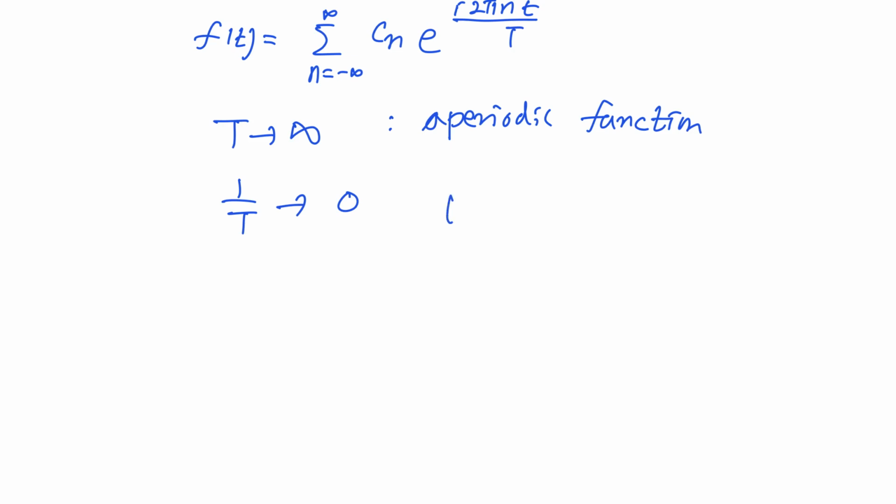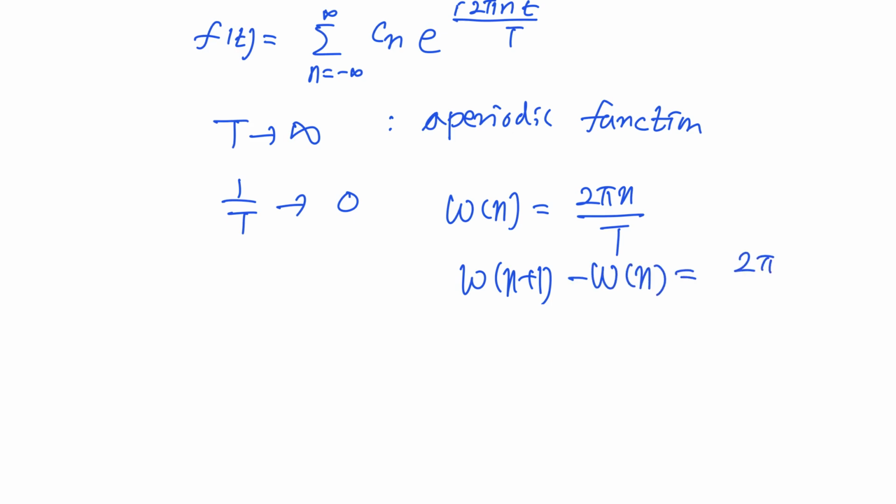So let's define omega_n as 2 pi n over T. Then omega_(n+1) minus omega_n is 2 pi over T, right? So we can say 1 over T is some small delta n.